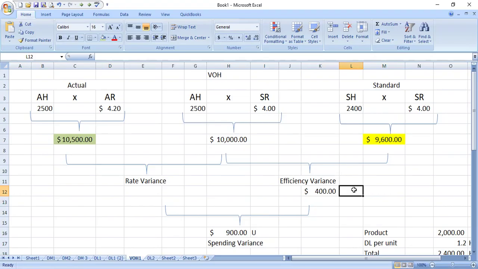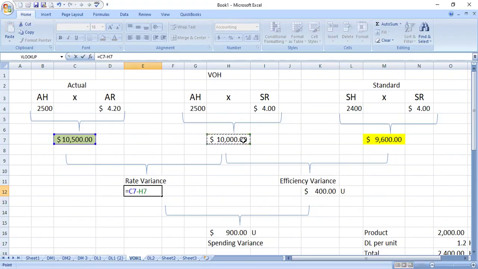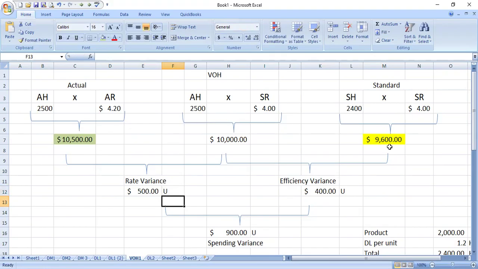Instead of spending 9,600, we're spending 10,000. That will trigger an unfavorable variance. And for the rate variance, we're going to have 10,500 minus 10,000. That's going to give us another 500 unfavorable variance. How can we calculate it?